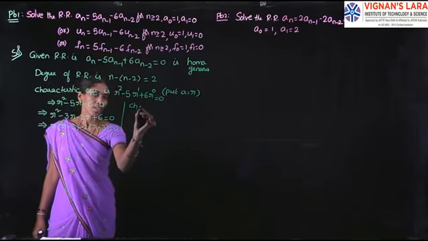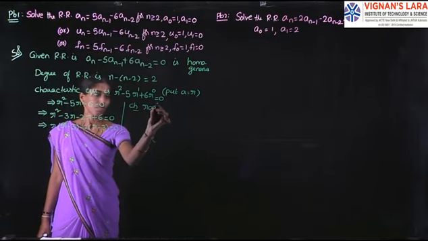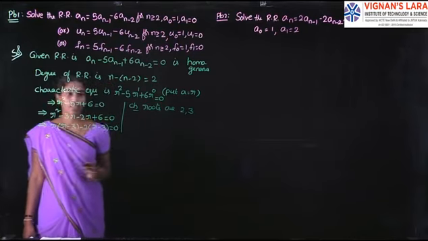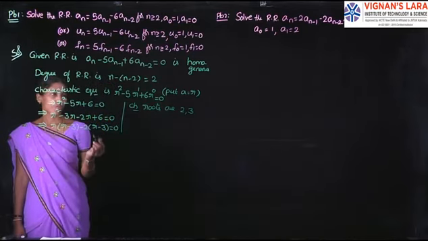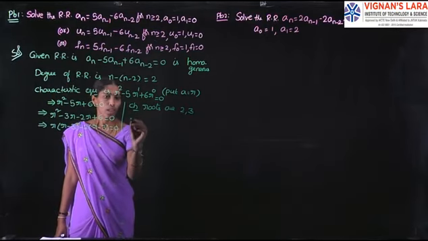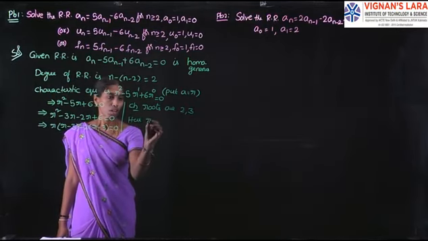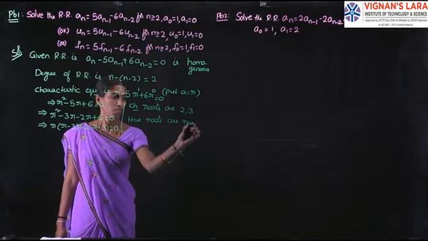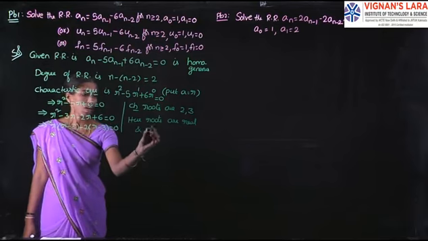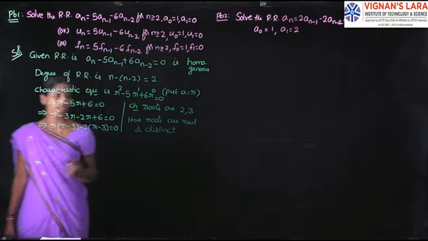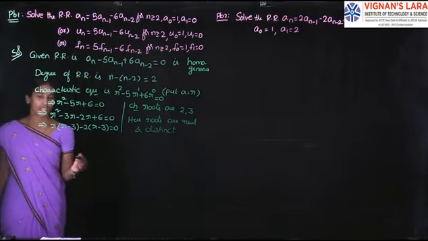So characteristic roots are 2, 3, right? So first root is 2, second root is 3. So here roots are real and distinct, right? Roots are real and distinct.